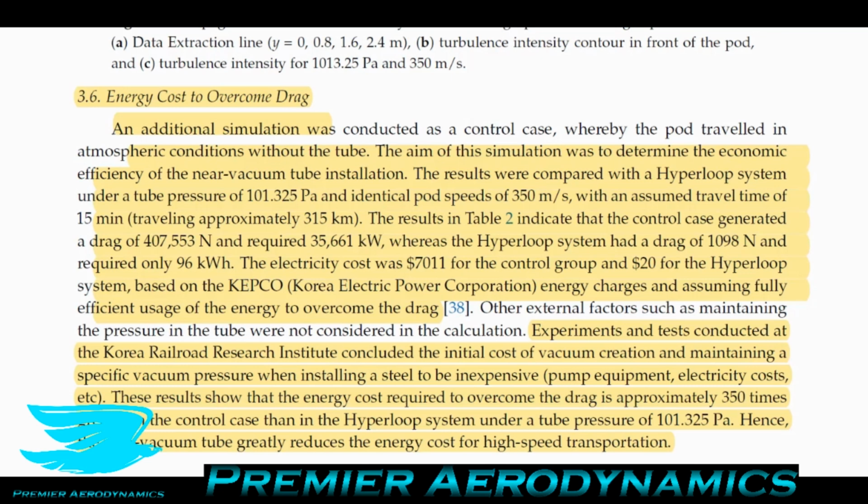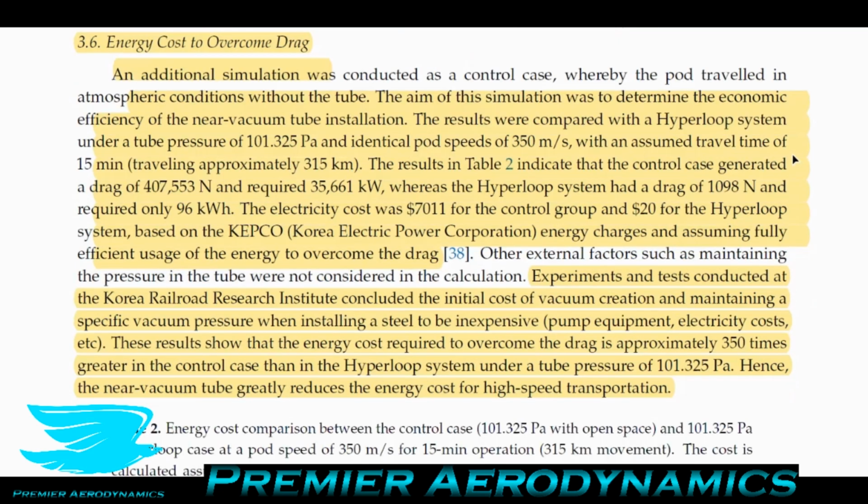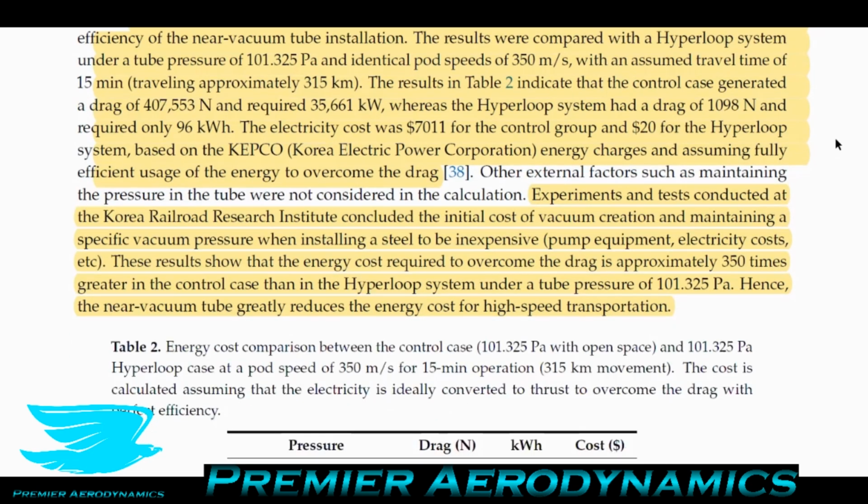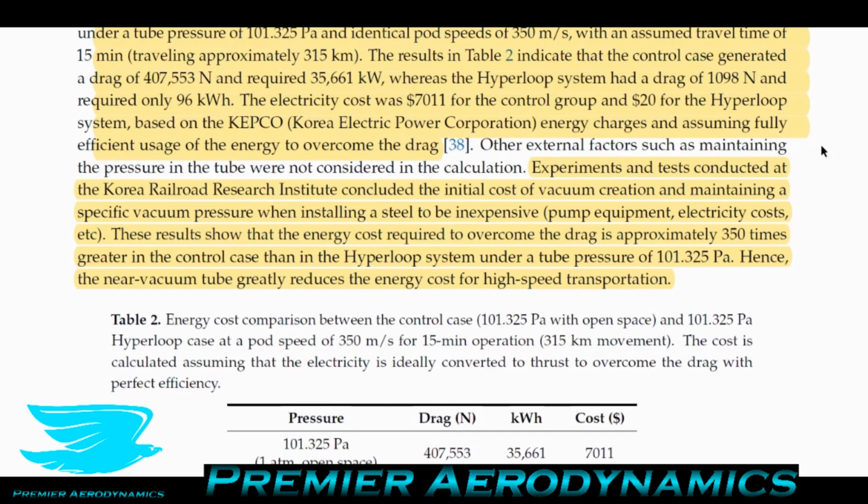So the results show that for the control case, which is just the regular train going through the world, it generated a drag of 407,000 newtons and required 35,000 kilowatt hours over the entire trip, whereas the Hyperloop system had a drag of only 1,000 newtons and required only 96 kilowatt hours for the entire trip.